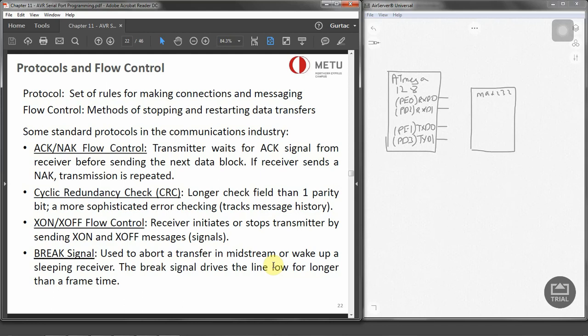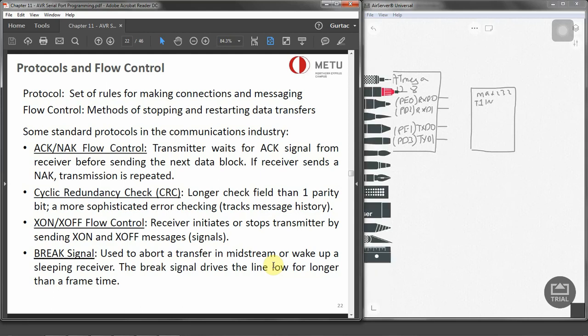So one of the pins, which is T1 in, is going to connect to, let me select one of these, the receiver side of the Atmega.